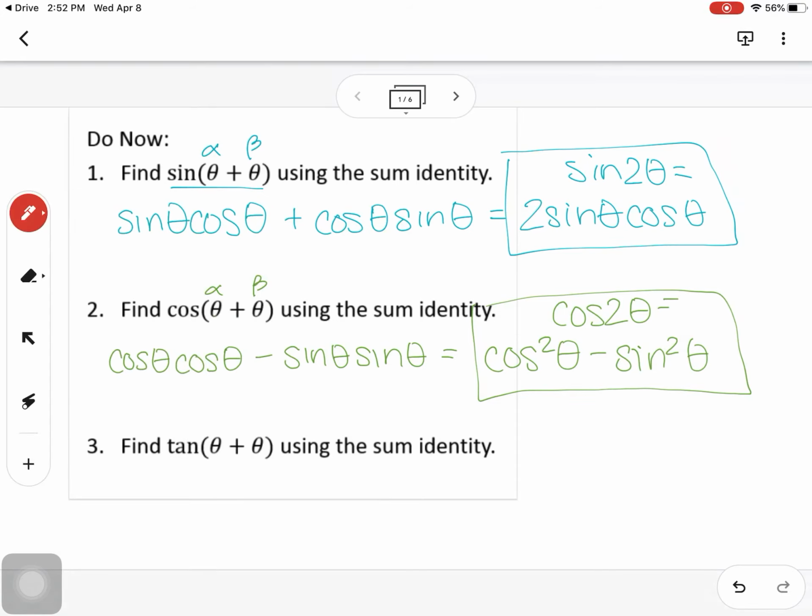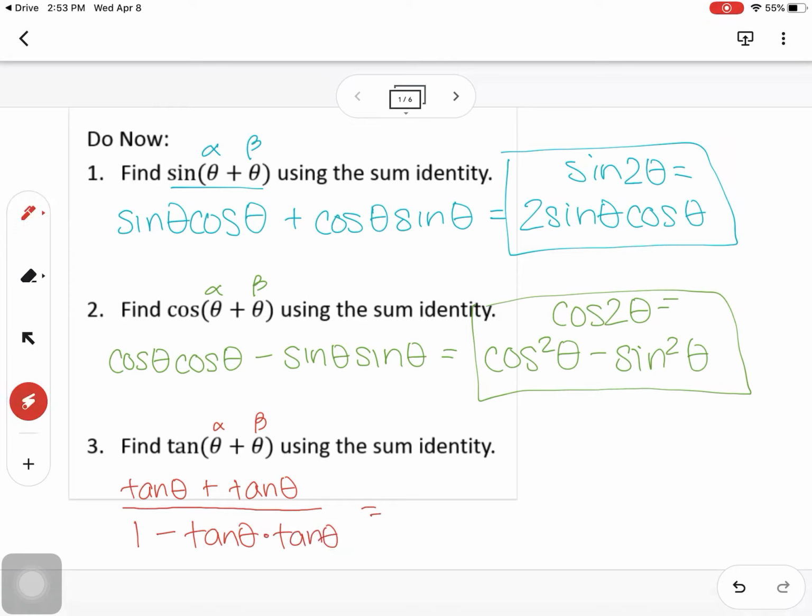Lastly, we're going to use our tangent identity the same way. Again, this is my alpha and my beta. So when I do this, it's going to be tangent of theta plus, because the top sign matches, tangent of theta, because it's tangent of alpha plus tangent of beta, all over 1 minus, and then here I multiply them. So tangent of theta times tangent of theta.